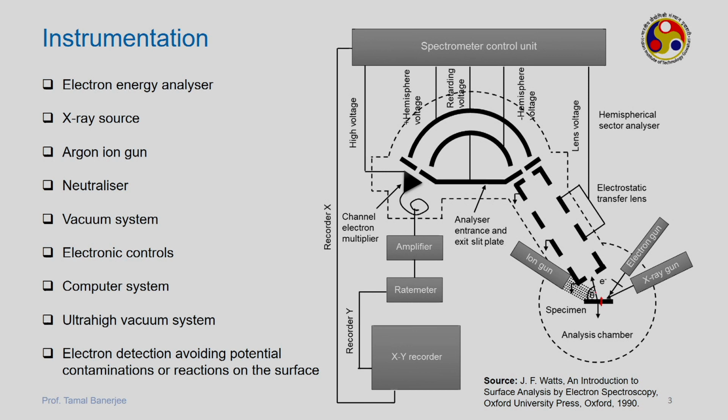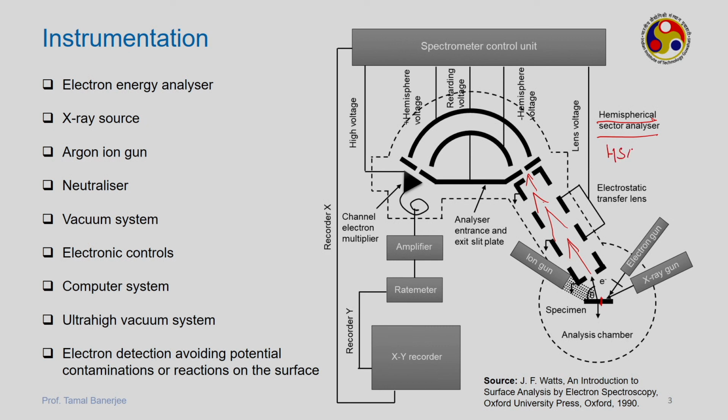Once the photoelectron is extracted, whether Auger or XPS, it goes to the electrostatic transfer lens, which focuses the electron beam slowly. Then it enters the heart of the process, the spectrometer control unit, the hemispherical sector analyzer, or HSA.